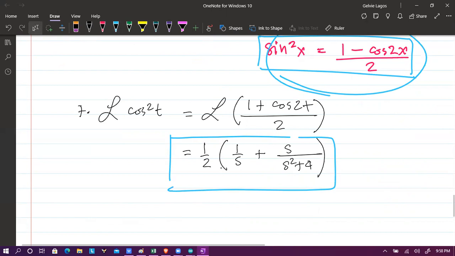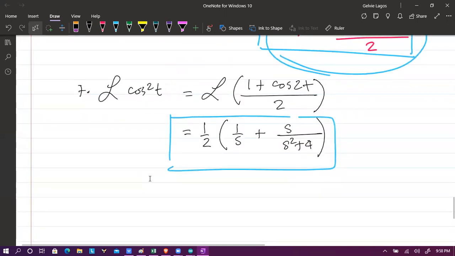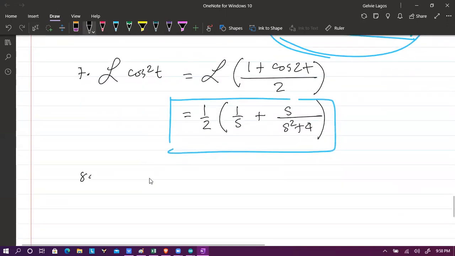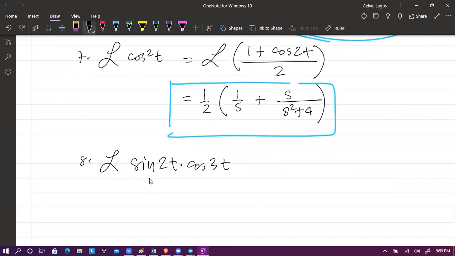Let's have another one. This time, let's make it more difficult. So I have here sine of 2t times cosine of 3t. Now this is multiplication, and we need to take the Laplace transform of this.